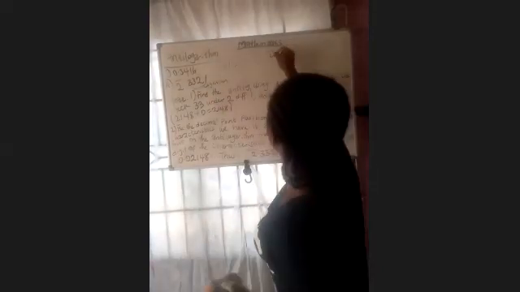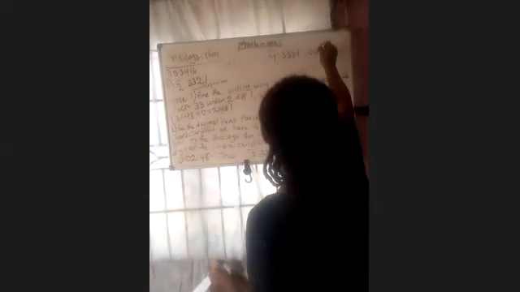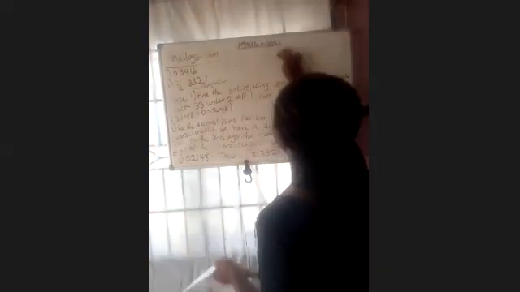For instance, if we have bar 4.3321, the anti-log number is 2148. Our answer will be 0.0002148. Bar tells us we have 0, then 4 tells us we have 4 zeros, 1, 2, 3, 4. That's how it works for negative characteristics. So we move to the next example.